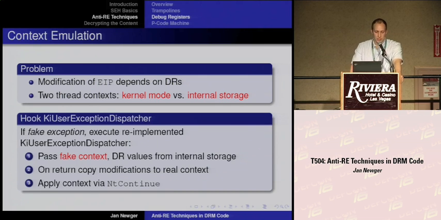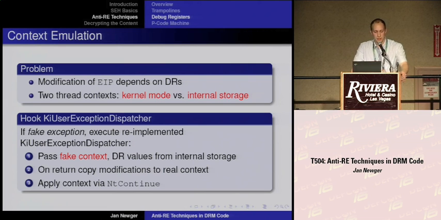So how can we solve this? We could, for example, hook KiUserExceptionDispatcher. If you might recall, KiUserExceptionDispatcher actually is the first code being executed in user mode. So our re-implemented version would check if the current exception is a fake exception, that is, if it's of type single step.